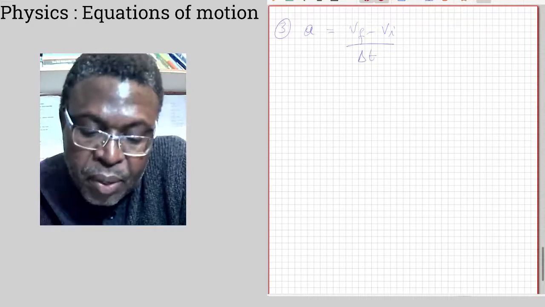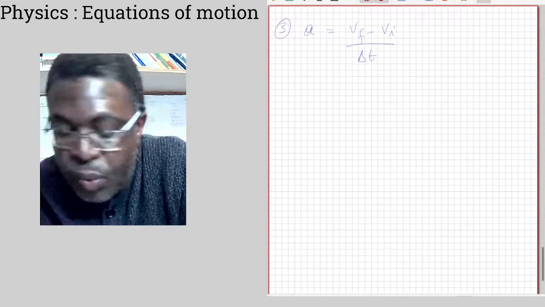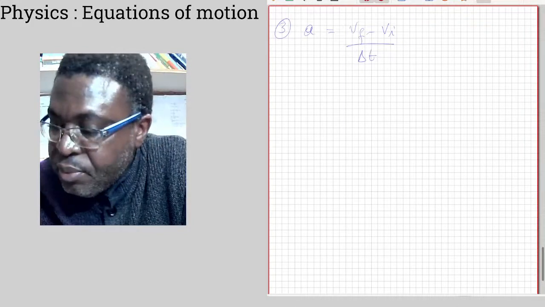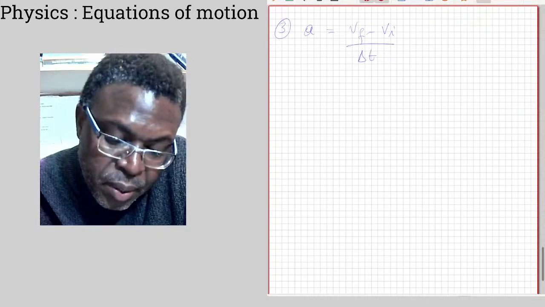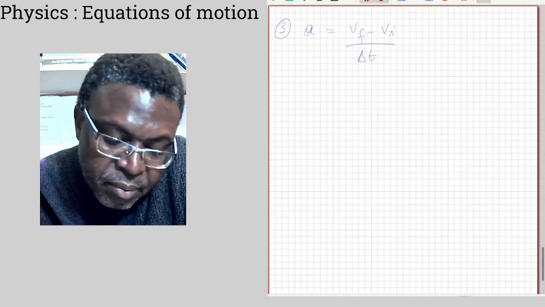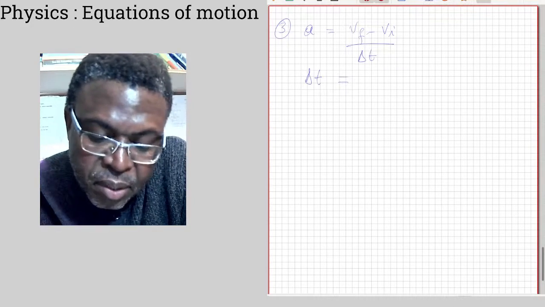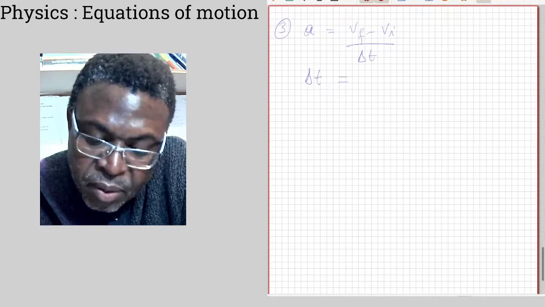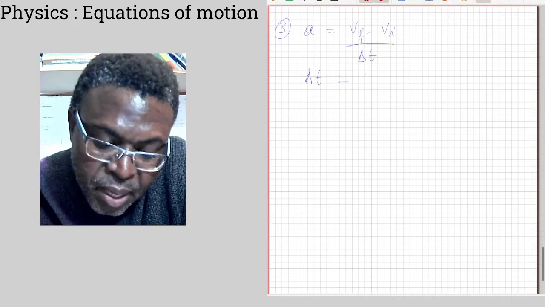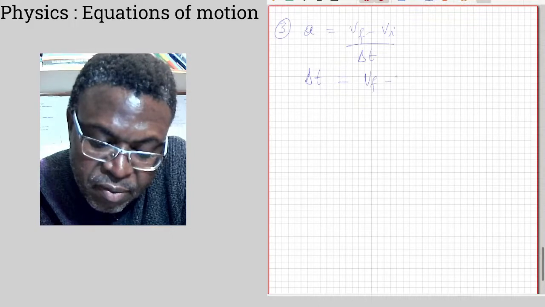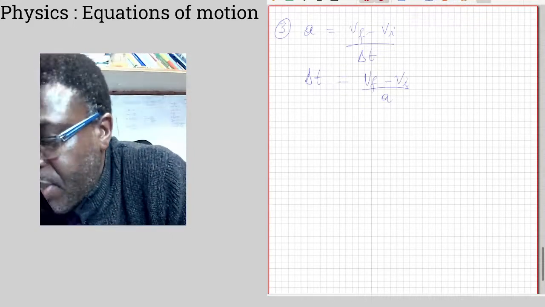We already know that we can make time the subject of the formula. We end up with change in t equals Vf minus Vi all over A. Simple.